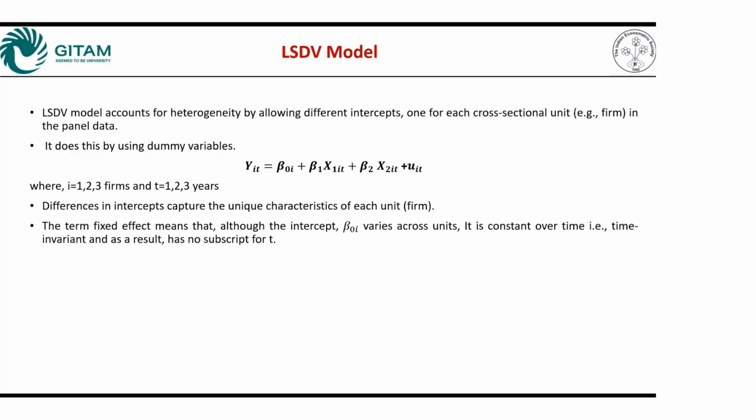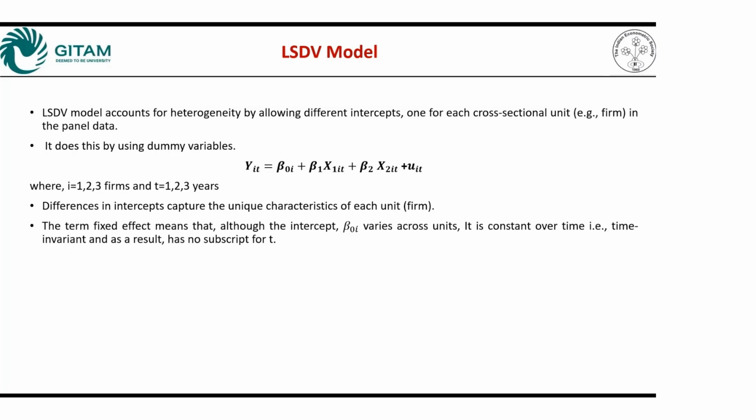We do this by allowing a different intercept, one for each cross-sectional unit in the panel data. So we said that each firm will have a different intercept. You have firm 1, firm 2, firm 3, and firm 4. We will have different intercepts for them, and we'll try to find out how one is different from another and what impact one firm is having and how it is differing.